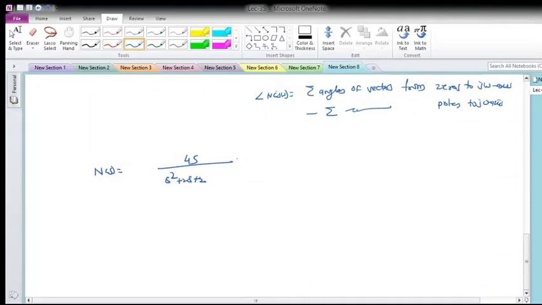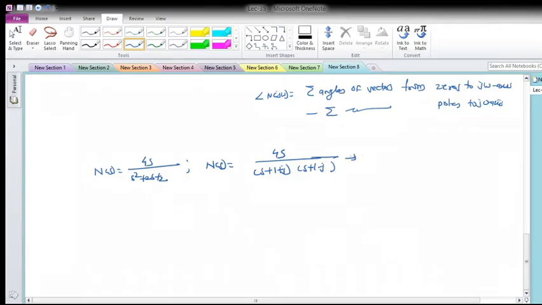Okay, so in order to do that, let me write it properly: 4s over s square plus 2s plus 2. I would like to draw the magnitude and phase response for that. First find out the roots. What are the roots? 4s over, the roots will be a complex conjugate pair, s plus 1 plus j and s plus 1 minus j.